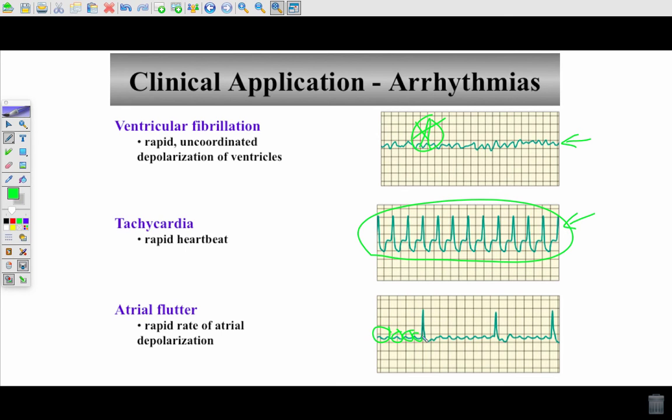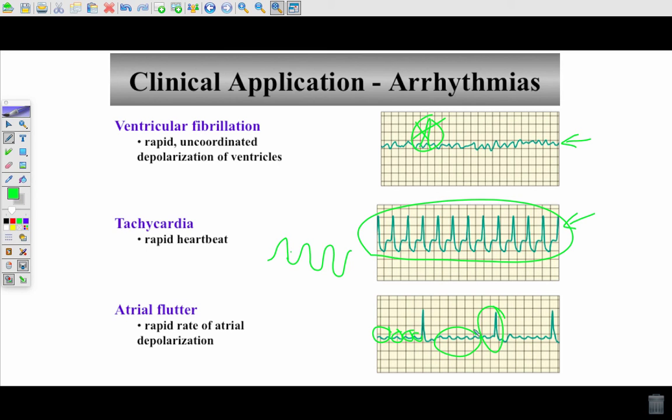So instead of just depolarizing once, they're being depolarized over and over and over in a circular pattern. This could be just a heart defect. It could be damage to the heart, in that instead of the atria just depolarizing once, they are just going to depolarize over and over. And it's more how that syncytium can contract or can feed back on itself. It's a circular loop of the atrial depolarization.